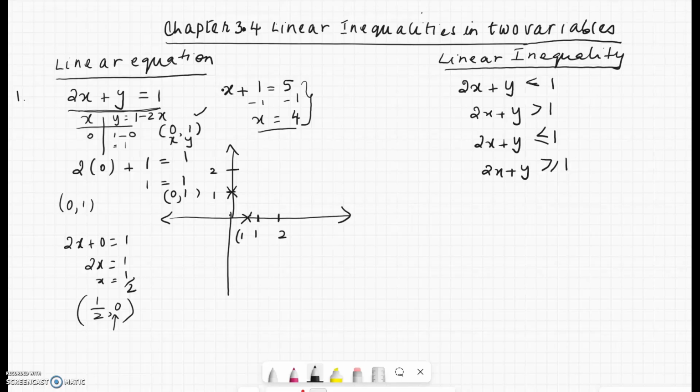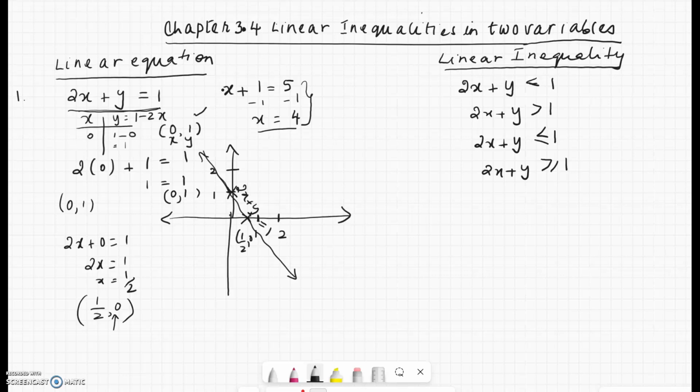So that is half, 0. If I join these 2 points, I get the equation of the straight line, and this is the equation 2x plus y equals 1. The solid line tells me that 2x plus y equals 1.